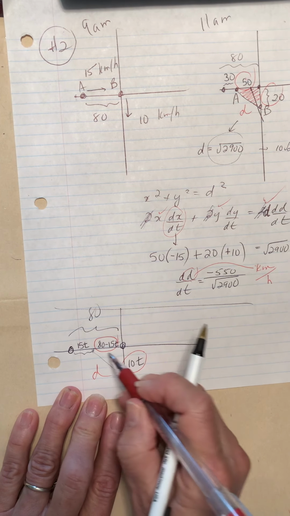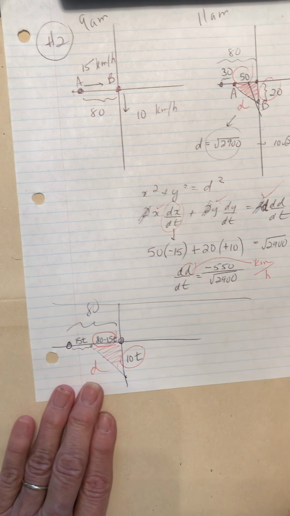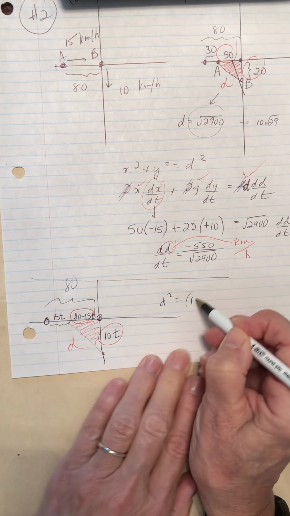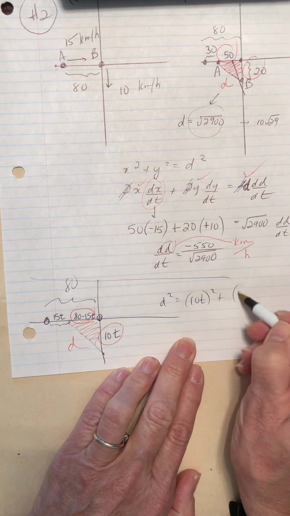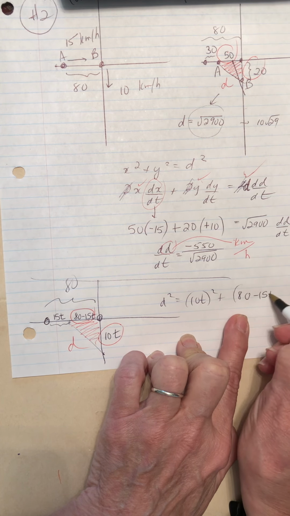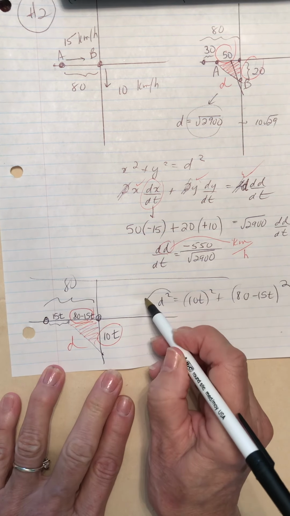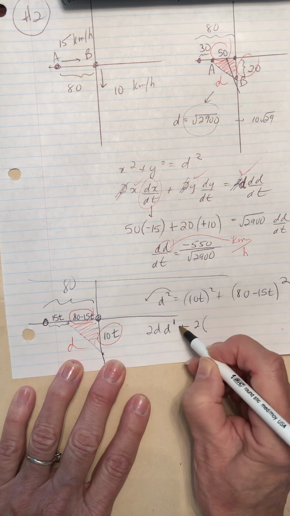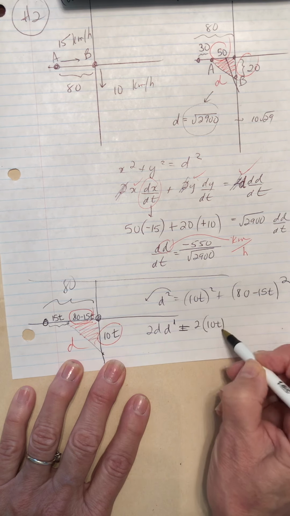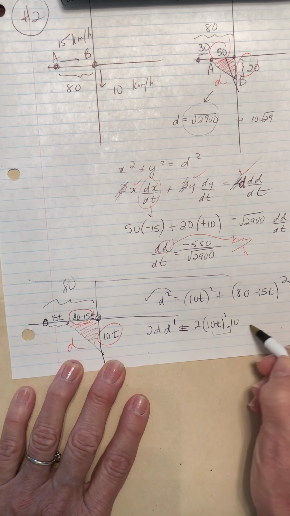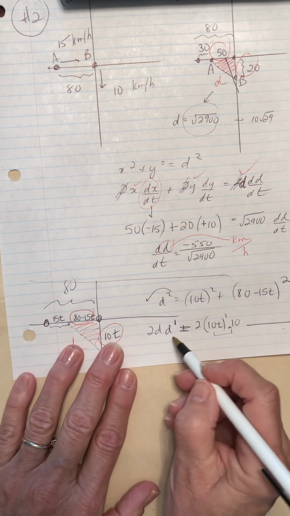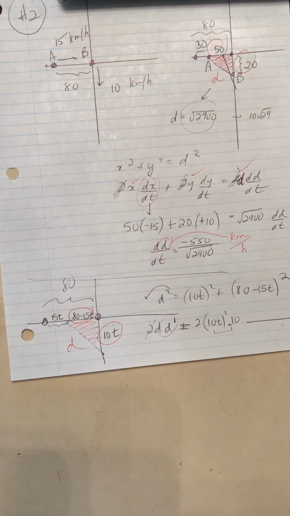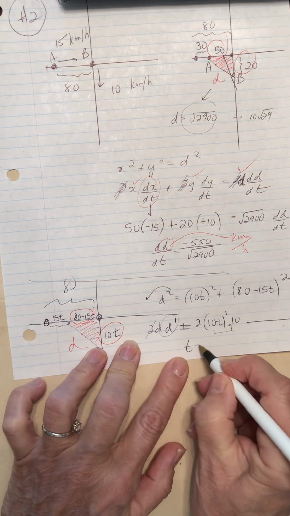So here was the setup if this were an optimization question. Now it would be d squared equals (10t) squared plus (80 minus 15t) squared. We're going to differentiate, right? 2d d prime equals 2(10t), followed by the chain rule, etc. You would divide everything by 2 and solve for making the top equal to 0, and you would be solving for a time.